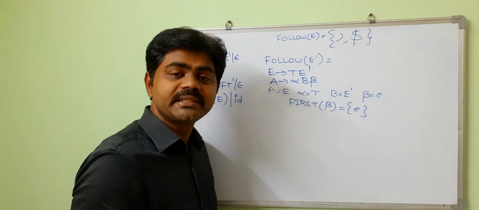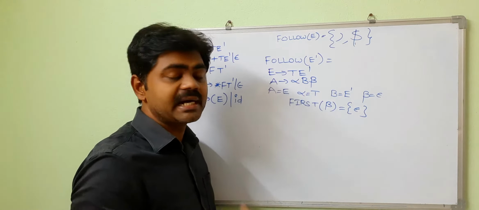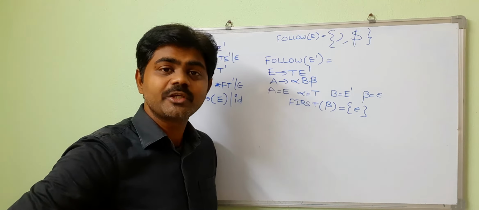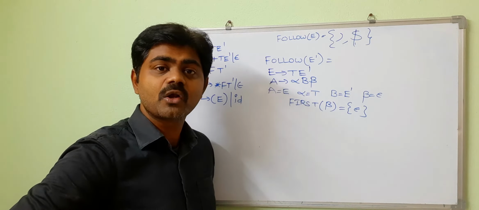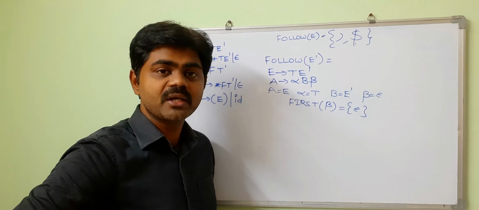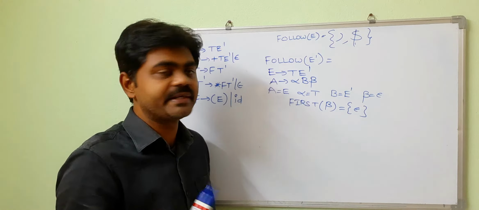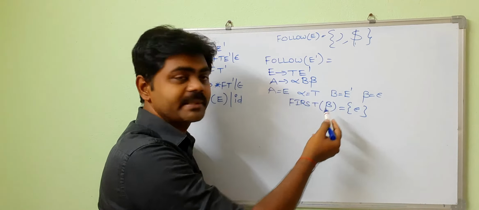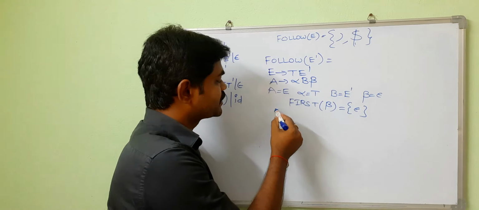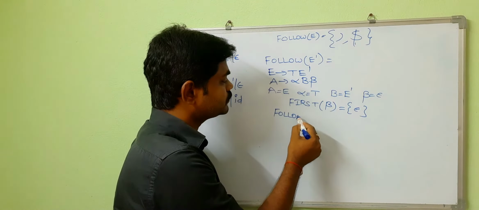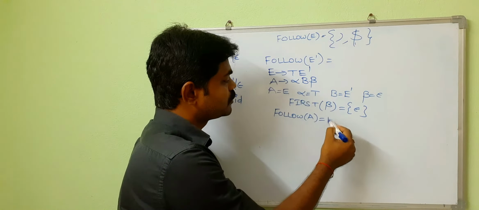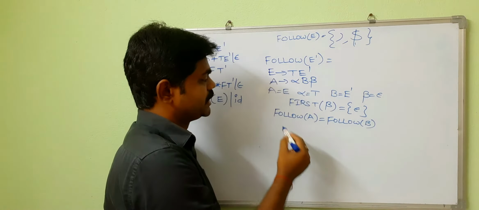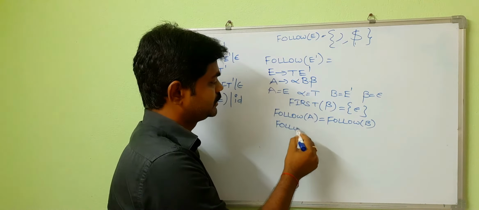So as I said, for rule 3 in follow, if we have a production A tends to alpha B beta and first of beta equal to epsilon, then follow of A equal to follow of B, or follow of B equal to follow of A, either way. So what is A here?